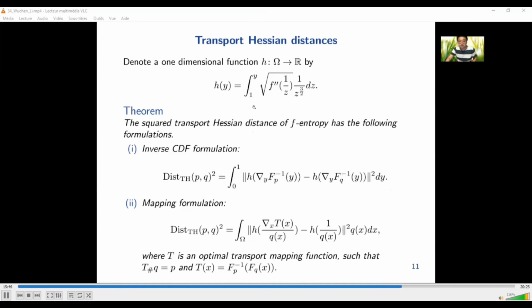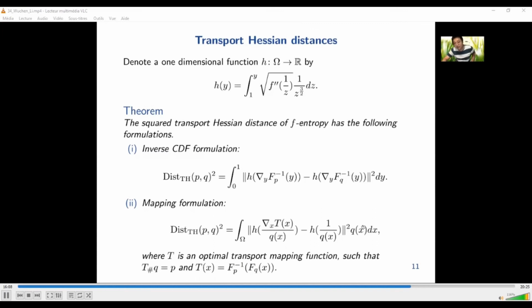It depends on the Hessian information here, and somehow you can view it as follows. h itself builds some new distance based on the gradient operator of your mappings. So that's the mapping formulation right here.